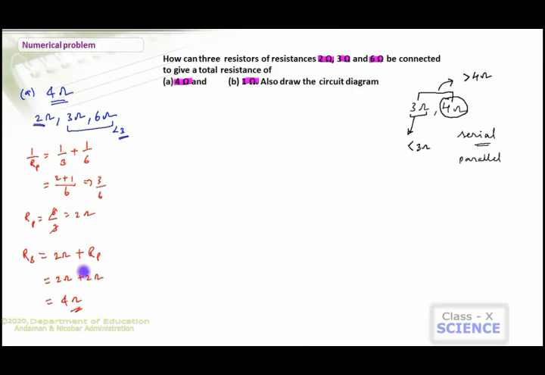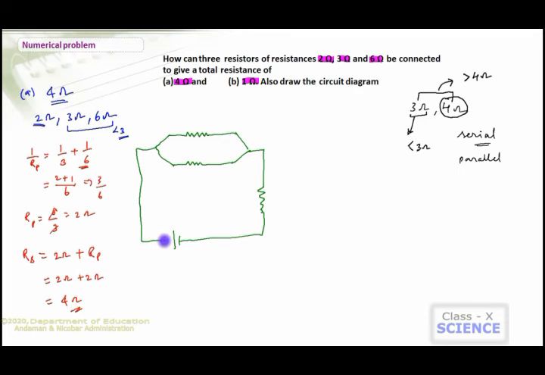Got it, children? Now we have to make the circuit diagram. So for making the circuit diagram, first the parallel combination we will make. So here we add the first resistor, this is our second resistor, they are in parallel, and after this we have to combine it with another resistor serially, right? So here is our potential difference, here is the parallel combination.